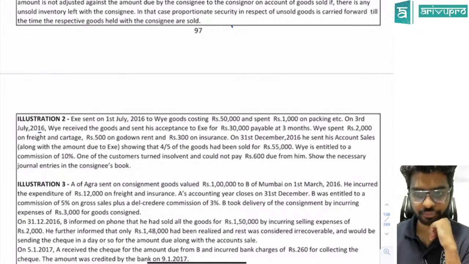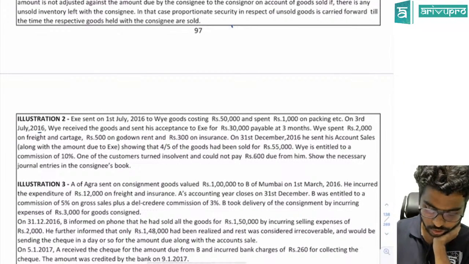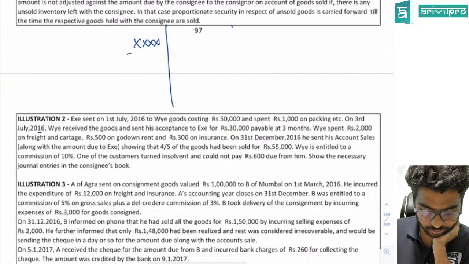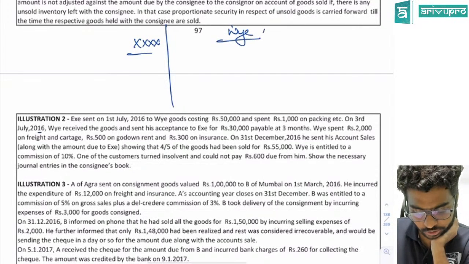Consignment to goods sent. So there is no consignee involved. So in the books of consignee, there won't be any journal entry.